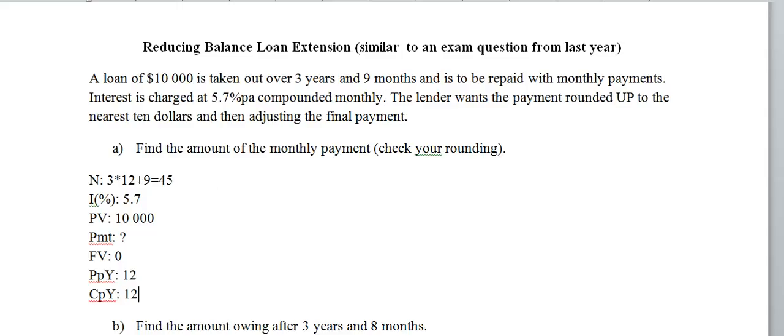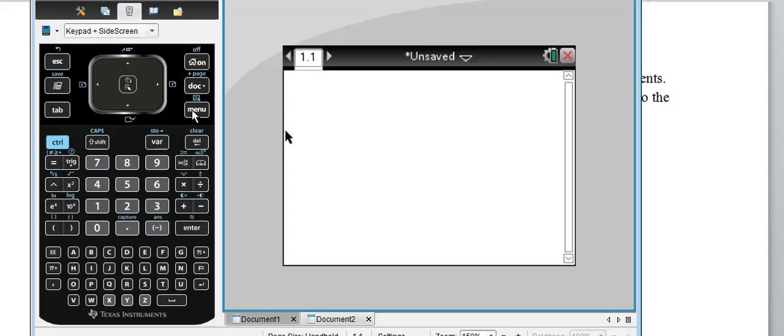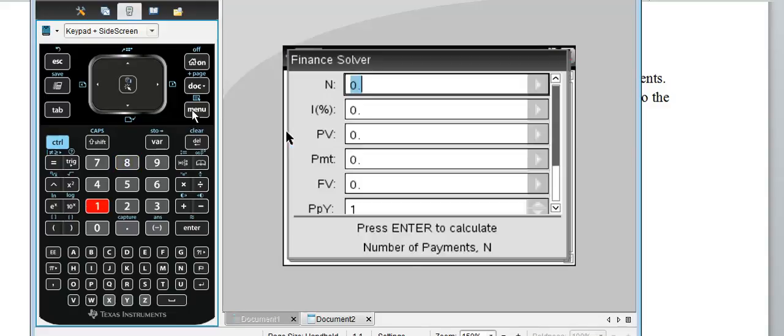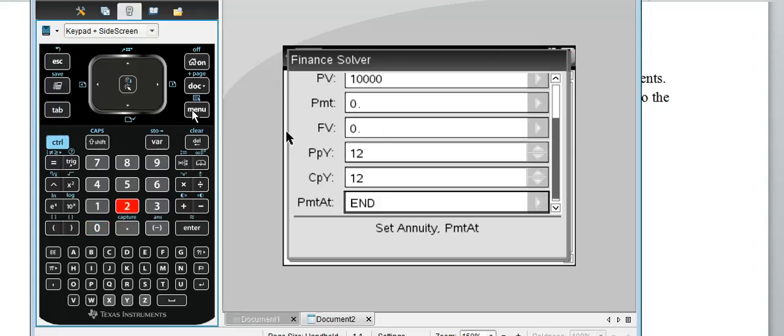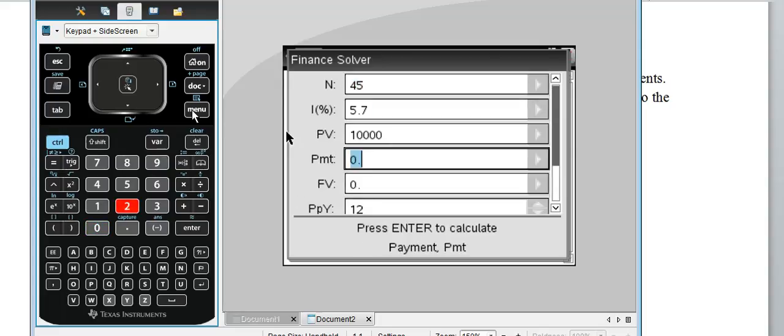So let's go through and work this through on the CAS. As always, menu 8.1 to open up finance solver. 3 times 12 plus 9 is 45. 5.7, 10,000. That's what we're looking for, so we'll come back to it. Future value, I want it paid off. And abracadabra, there's our payment.